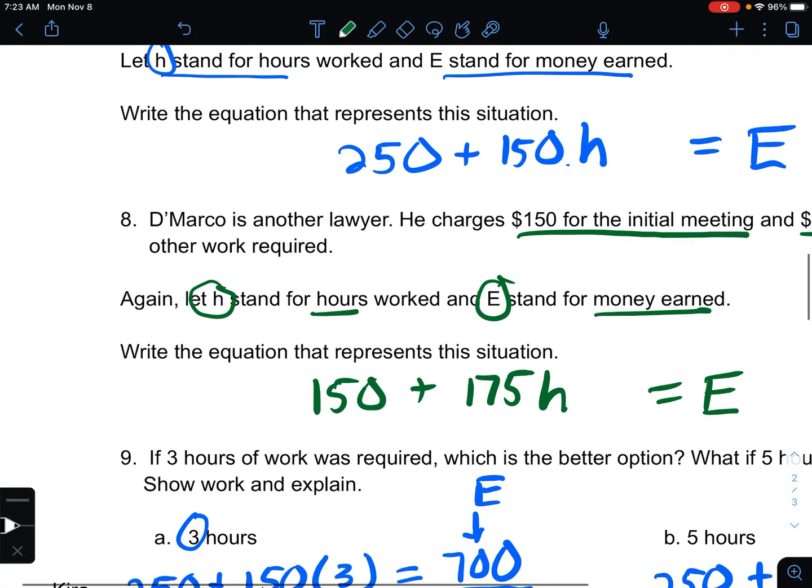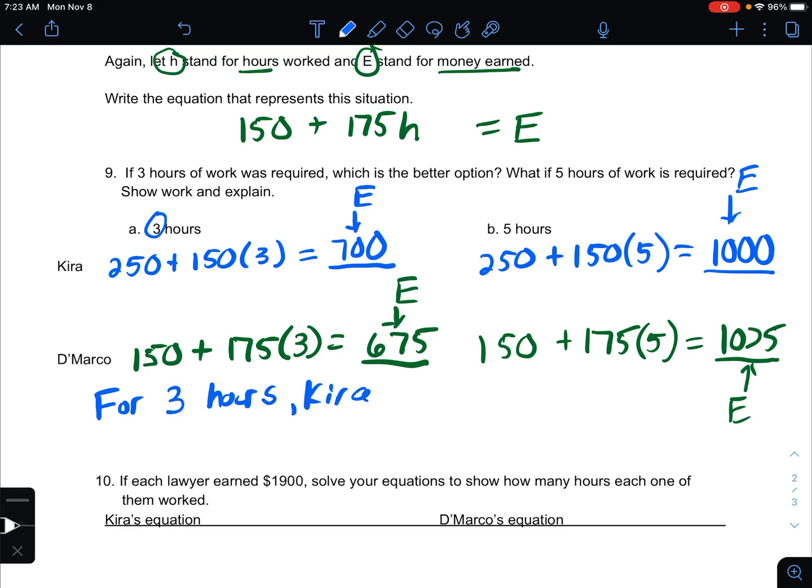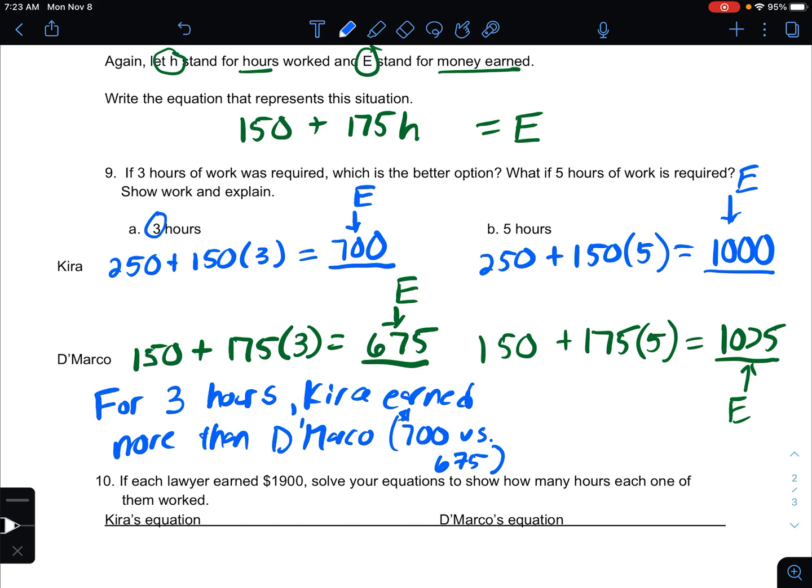All right. So let's say, to answer our question here, which is the better option. So for 3 hours, Kira earned more than DeMarco, $700 versus $675.